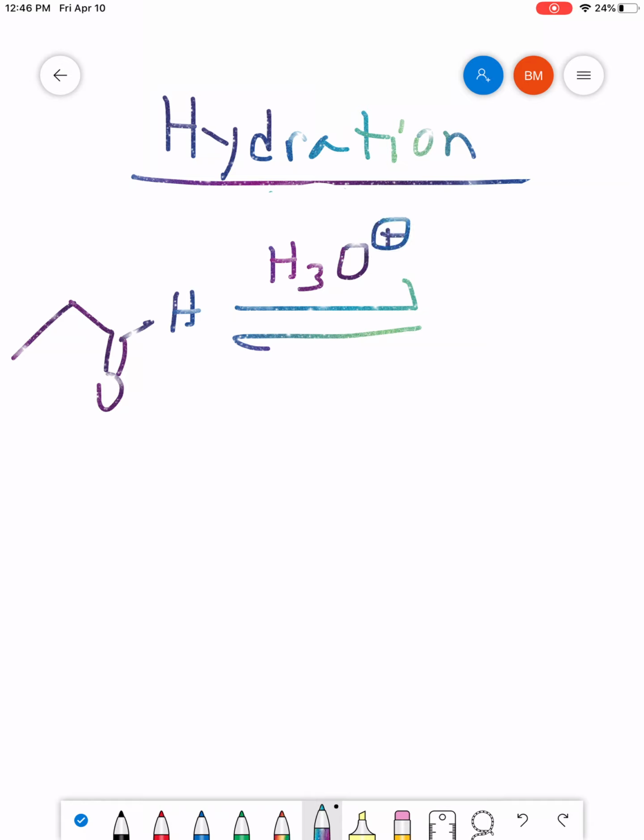We'll start there. Now this one's going to be a little bit different because we don't have a good nucleophile sitting there right off the top. We have an acid. An acid's going to want to give off an H, and what's going to accept that H? Well, it's going to be your carbonyl.